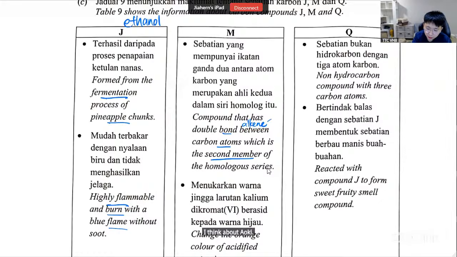Is your first member methene? This is trying to test you. Why? Because can you have one carbon and a double bond? Cannot. So the first member of your alkene is ethene. So what is the second member after ethene? Technically it is propene.